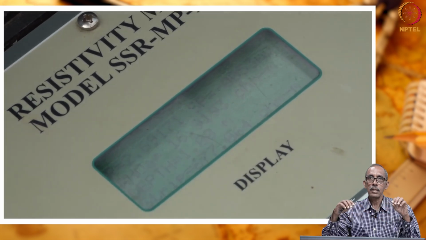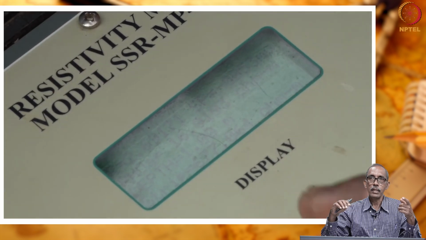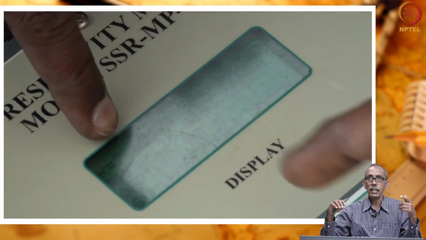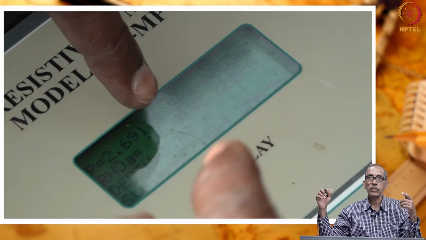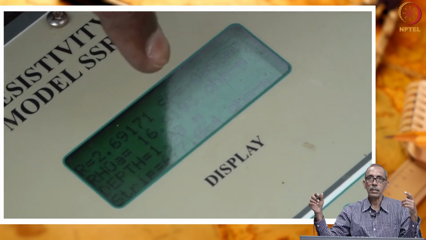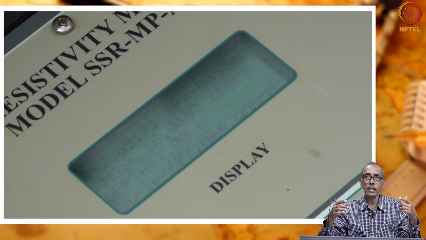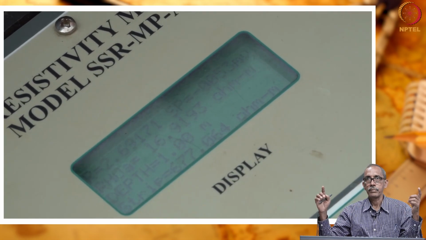Since the distances are already given as an input, it will directly determine the value of rho A. So, rho A is equivalent to the electrode constant multiplied by the resistance which we measure. V by I is R, multiplied by the electrode constant. It automatically calculates the electrode constant because we have fed in the distances between the electrodes.